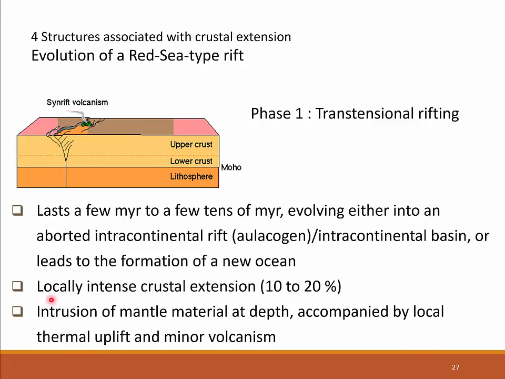In this stage we might find locally intense crustal extension, also basin formation, perhaps even some sort of volcanism, but still at this stage this is not a very large scale or continental scale feature.